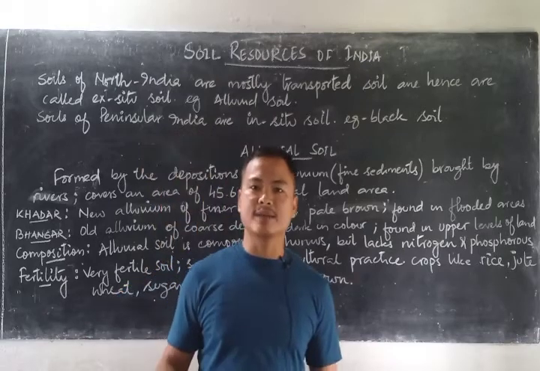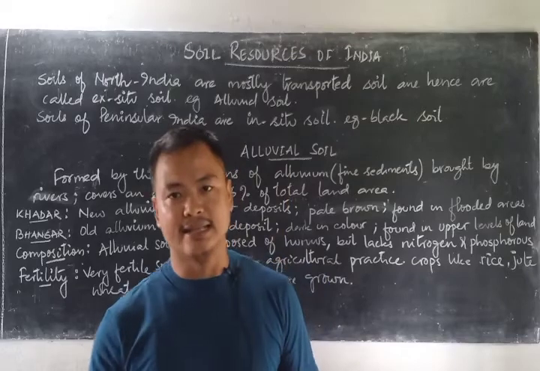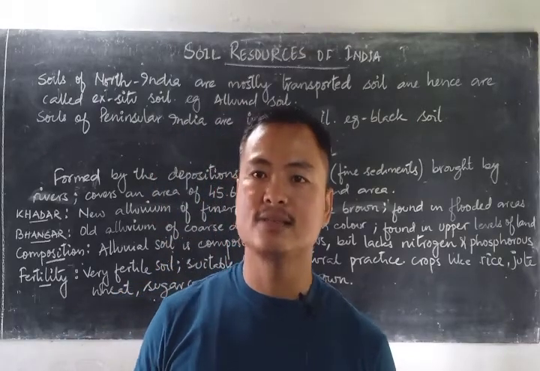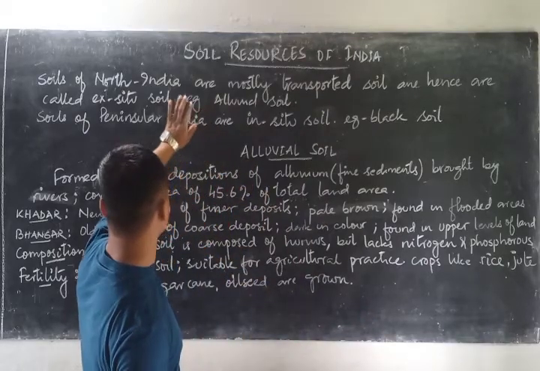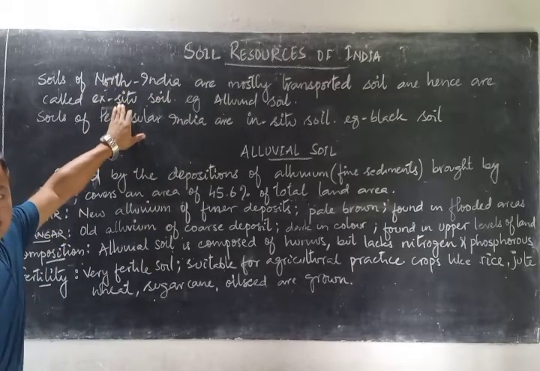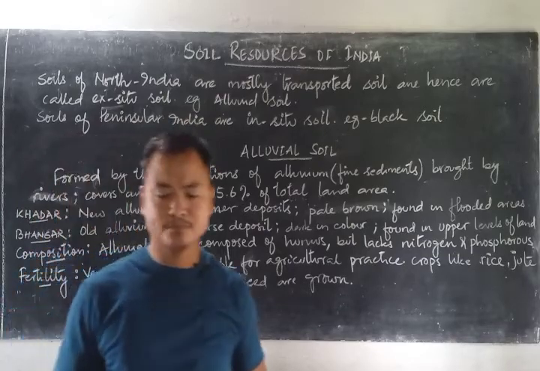Since they are not found in the place of their own origin, these soils are also known as ex-situ soil. The North Indian soils are also known as ex-situ soil, of which the best example is alluvial soil.